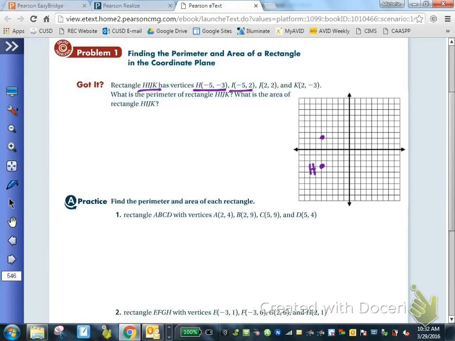So right here. J is at 2, 2. And K is at 2, -3. And then connect those.